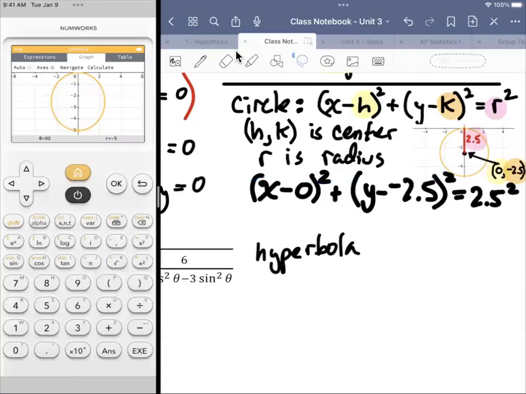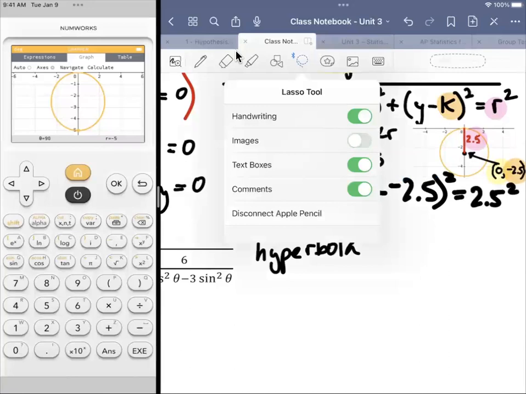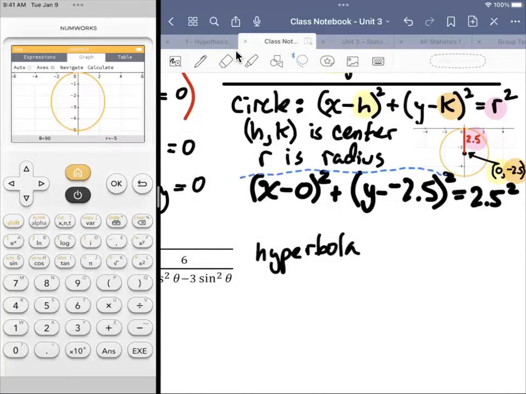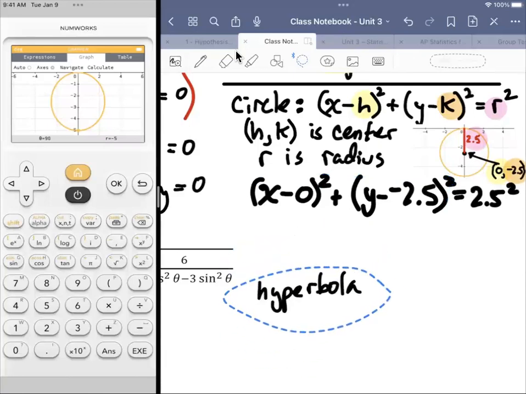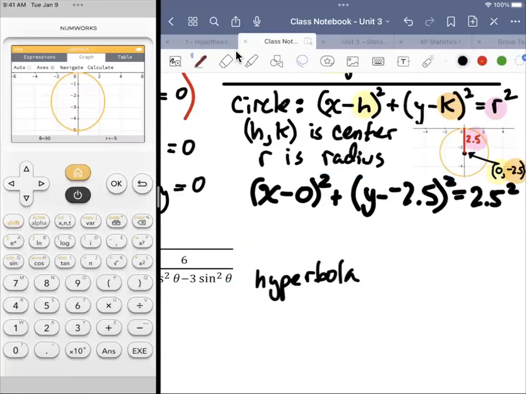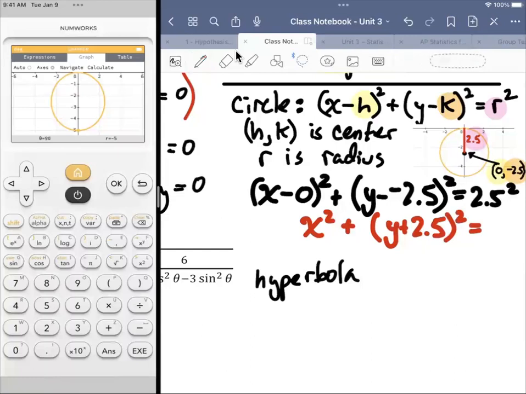Now that's like a little much in terms of writing it that way. It's a lot nicer to write it as x squared plus y plus 2.5 squared. The 2.5 squared at the end, you could write that as the decimal.